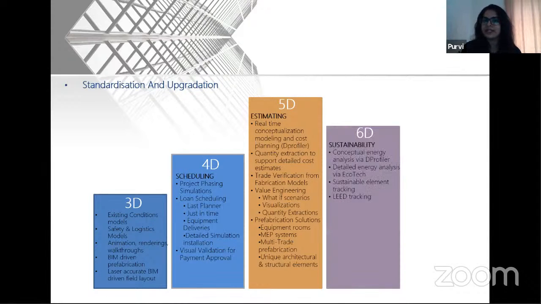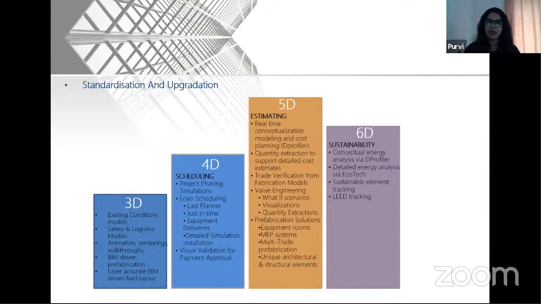Moving ahead to 6D, you have sustainability, where you know how sustainable your model is, because currently we are also taking into consideration how energy efficient your building is going to be, because of the environmental problems going on around us, you also need to implement that into your buildings.